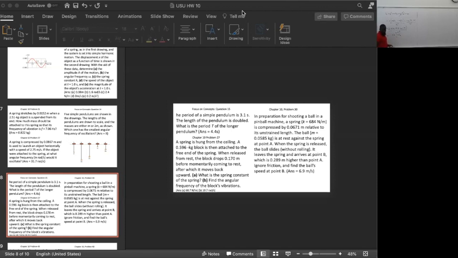And then the next problem is for us to find the angular velocity. So square root of k over m. 68.7 over 0.596. Okay.